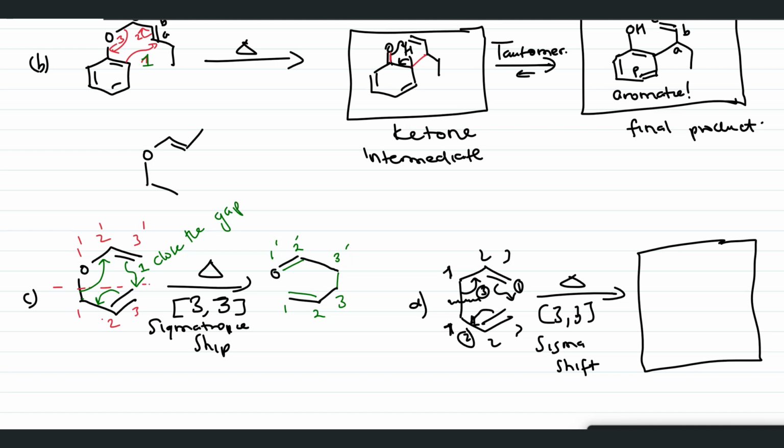Sometimes these are substituted, but all you care about is the atoms that are taking part in the transformation. So if they are substituted, don't fret, don't freak out. It's the same thing.